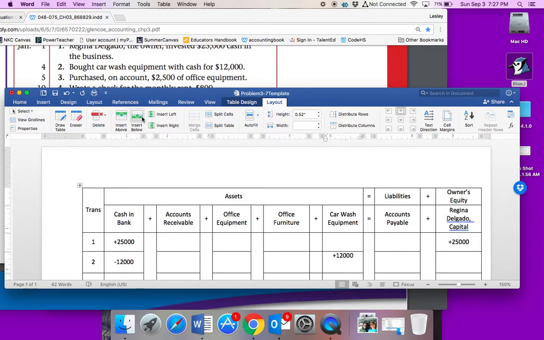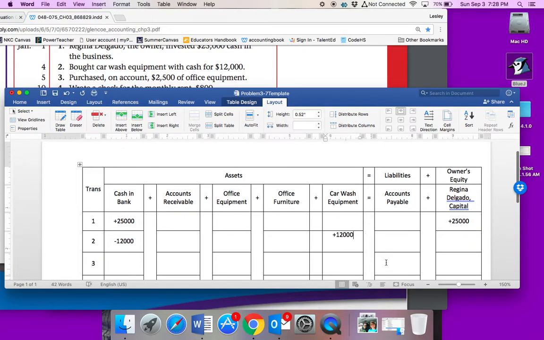This is purchased on account. Okay, so we purchased it, so we're talking about accounts payable. So we're going to increase our debt by $2,500. Okay, so we're going to increase accounts payable by $2,500 because we're going to pay that later. And then you have to look at what we bought. We bought office equipment, so we're going to add $2,500 to office equipment.